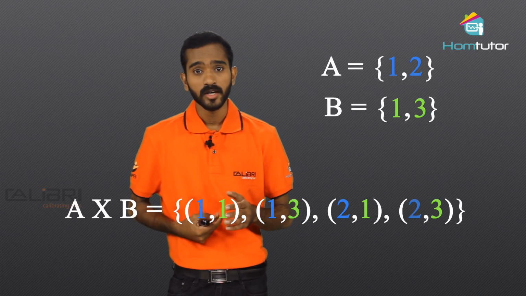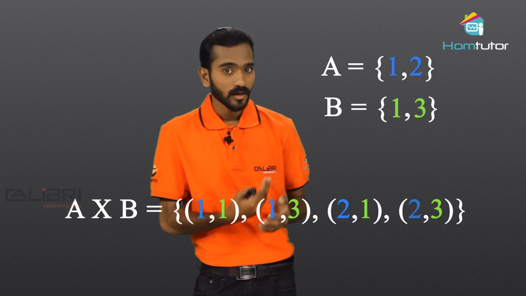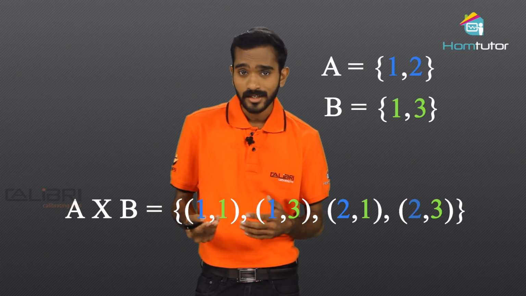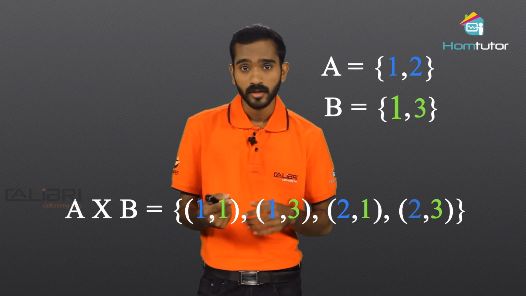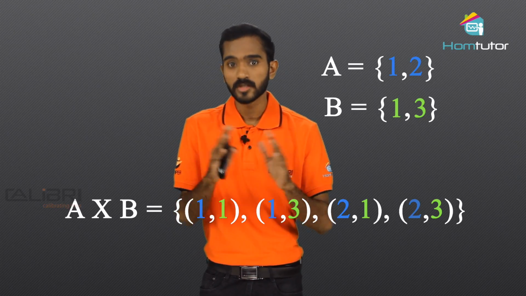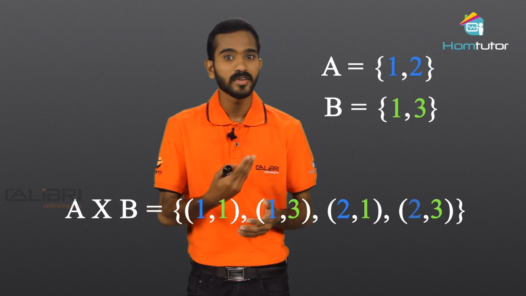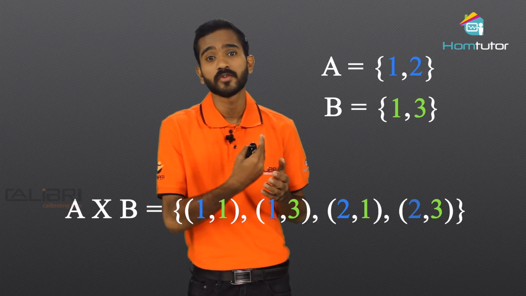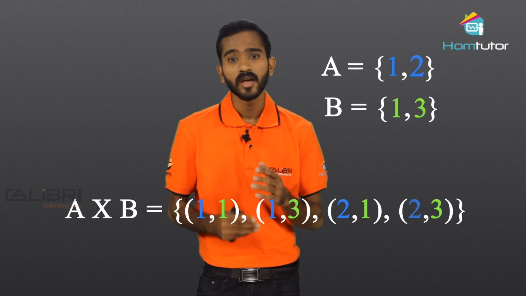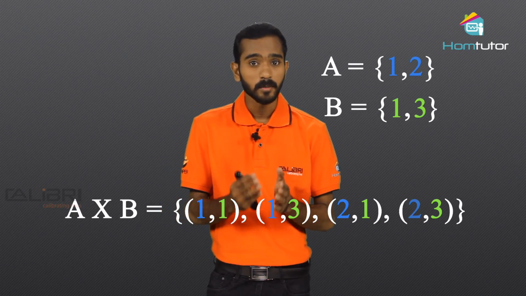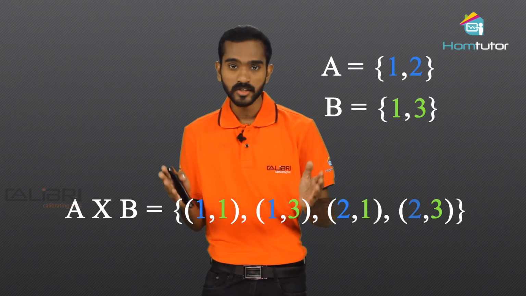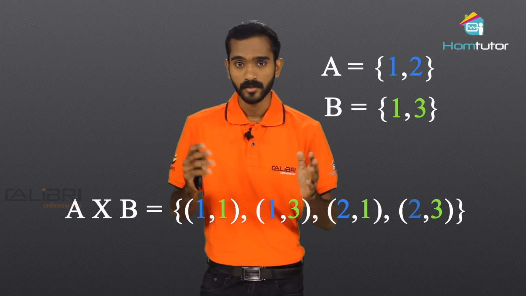Now the third ordered pair: the second element from A, that is 2, and the first element from B, that is 1, thus the ordered pair (2, 1) is formed. The last and final ordered pair possible is the second element from A, that is 2, and the last element from B, that is 3, thus constituting the ordered pair (2, 3).